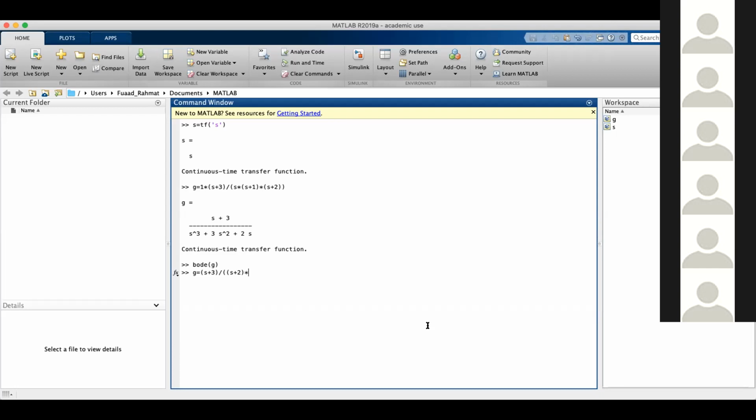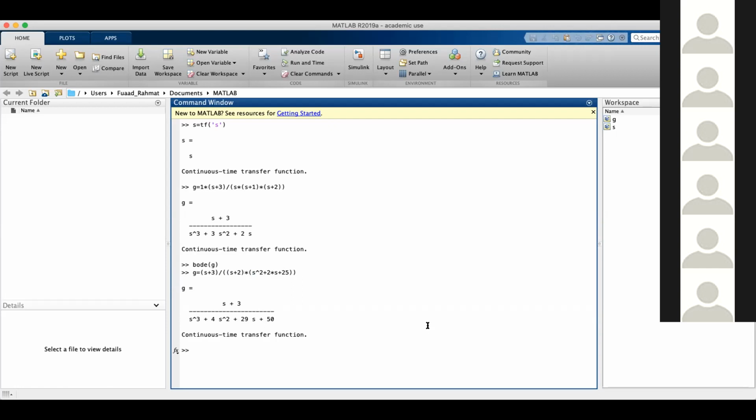So multiply by s squared plus 2s plus 25. Okay, so it's a third order system. In example 2 it is a third order system.